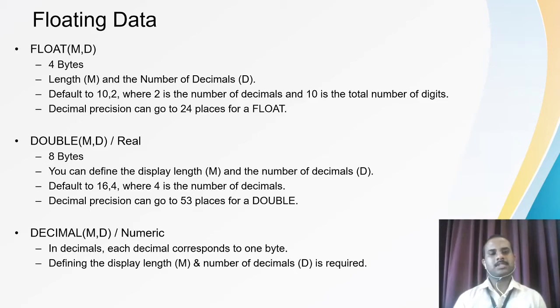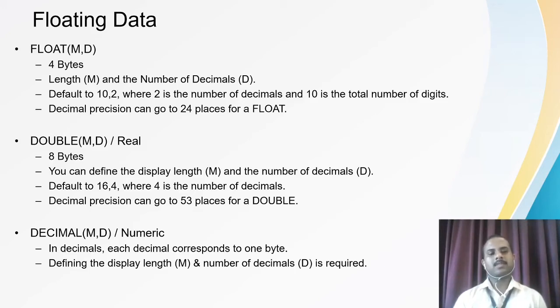The decimal precision can go up to 53 places in the double. In the decimal M of D, that is numeric, 1 decimal digit corresponds to 1 byte. M represents the length and D represents the decimals.